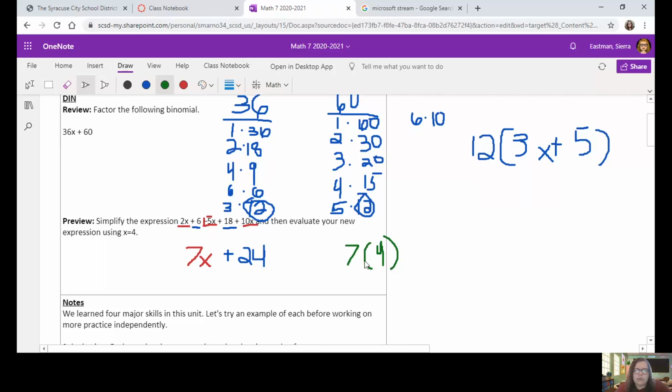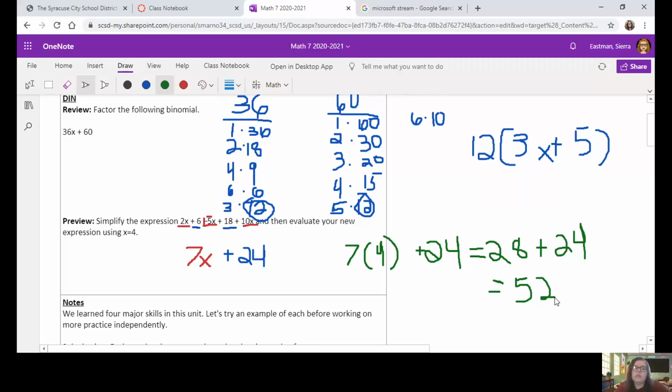I like to show mine in parentheses, but we know that we're multiplying those and then adding 24. And so this will equal 28 plus 24. And eventually we get 52.